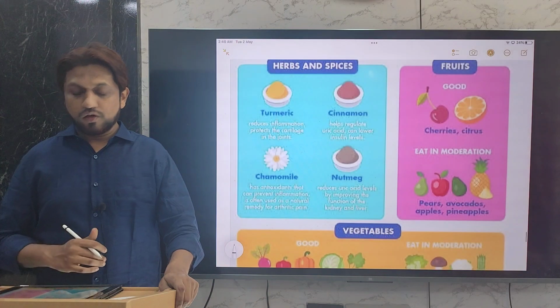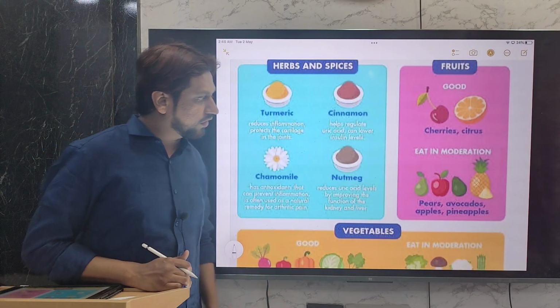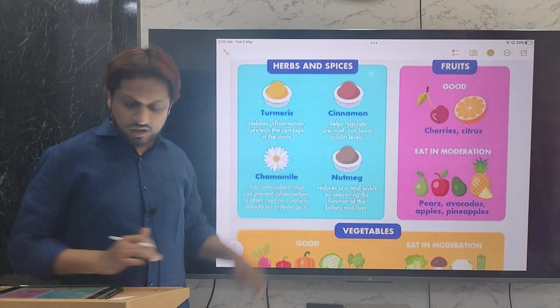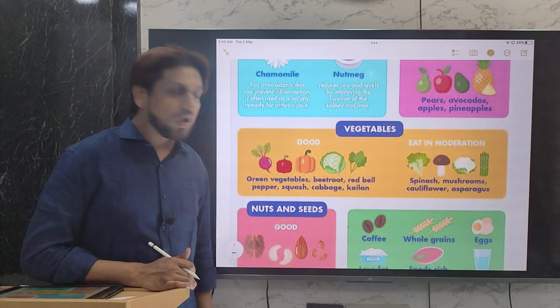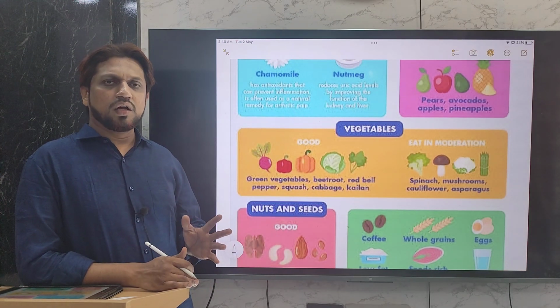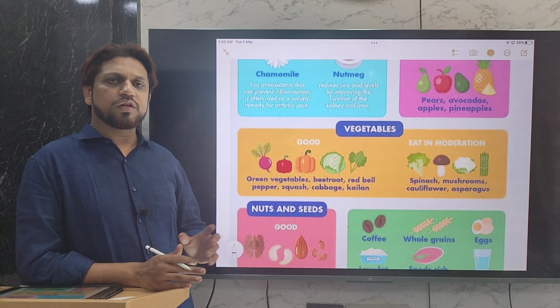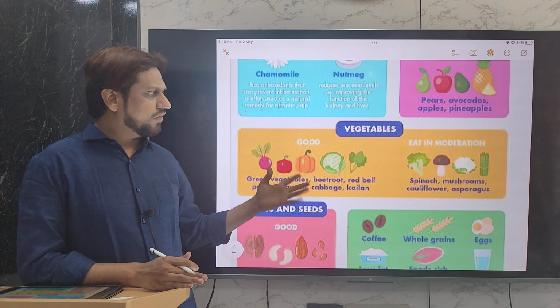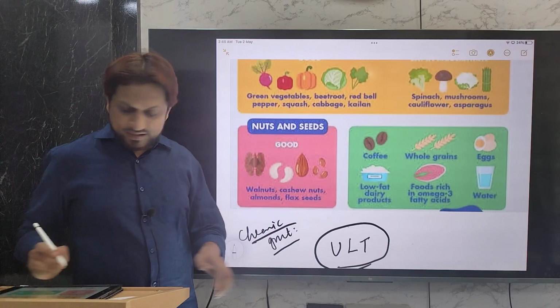Then what to eat? Mainly a vegetarian diet, fruits rich in cherries and citrus fruits. You can eat all the herbs and almost all vegetables. A few vegetables like spinach and cauliflower contain high purine, but even so they generally do not cause an acute gouty flare. Most importantly, low fat dairy products.